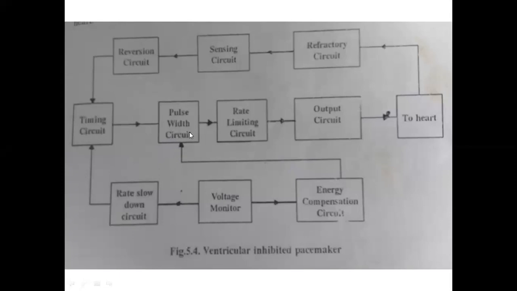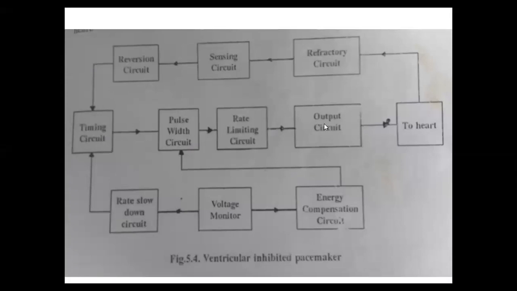Due to that, sufficient energy is produced in the form of pulses, and the contraction of the ventricles is excited. Like this, the ventricle inhibited pacemaker generates the pulses.